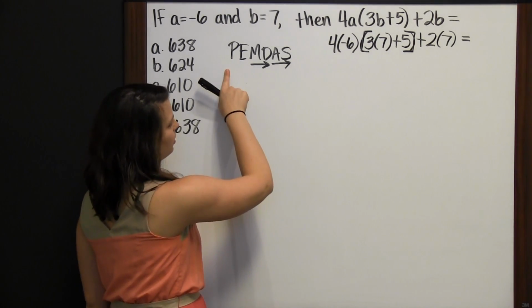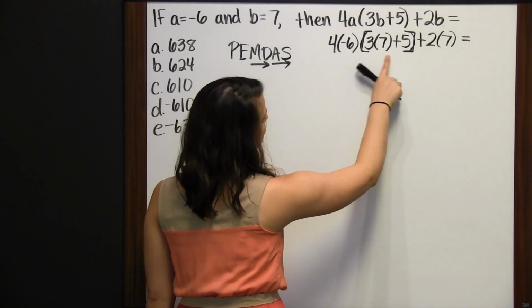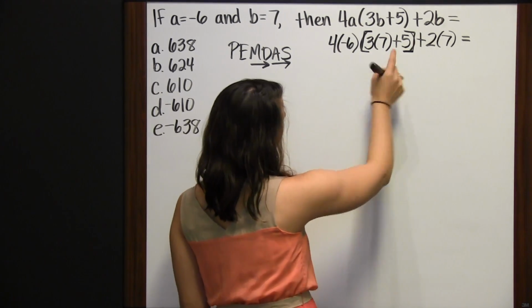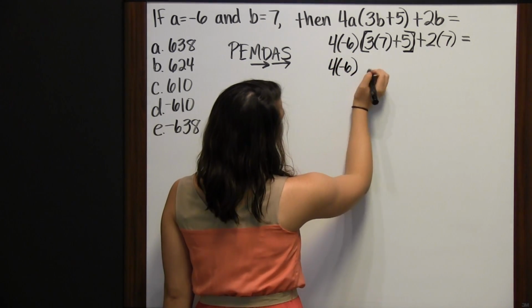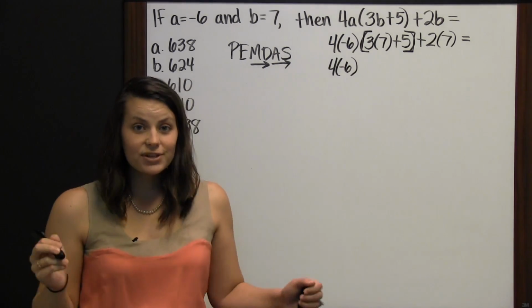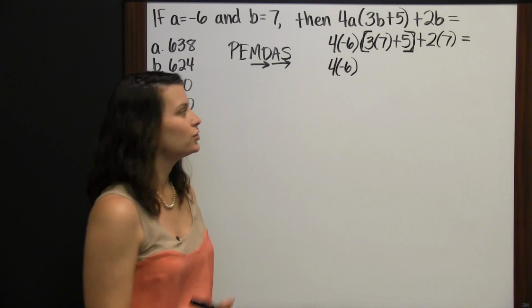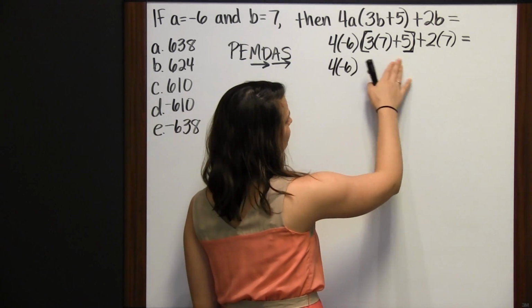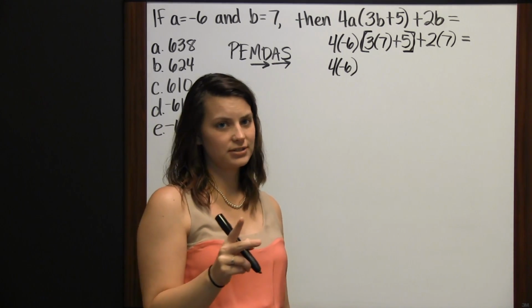So following PEMDAS, we first need to simplify these expressions inside our grouping symbols. So I'll bring down my 4 times negative 6. And then inside my grouping symbols, I also have to follow the order of operations. So now looking inside these grouping symbols, I have 2 different operations.